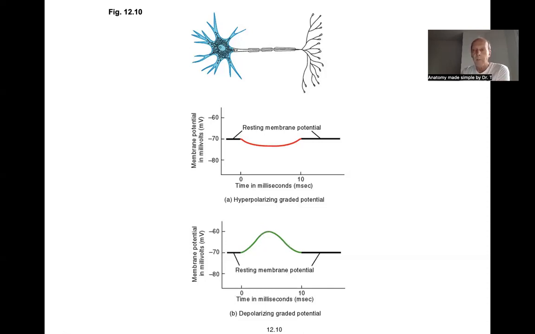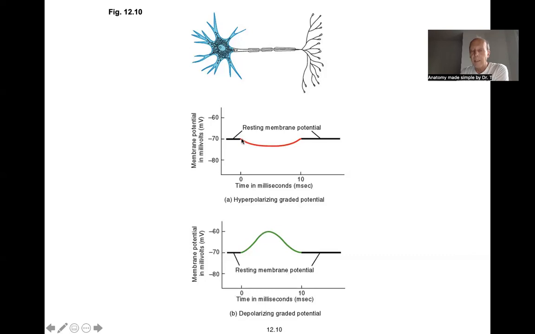For both of them, this cell will remain neutral, indifferent. It won't generate its own action potential because the changes that affected part of its membrane were insufficient to trigger an action potential.